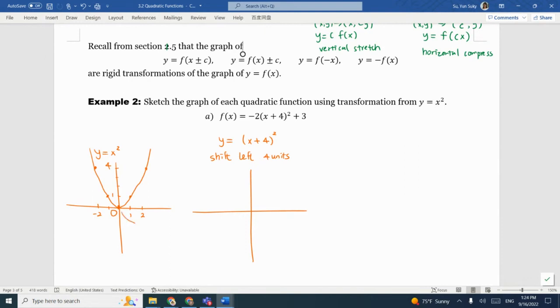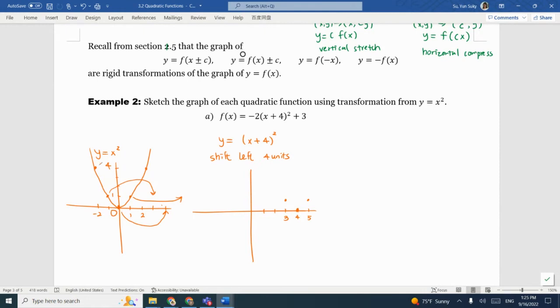So then, you see, the (0, 0) becomes (4, 0), right? And then this is going to be (5, 1). And this is (3, 1).